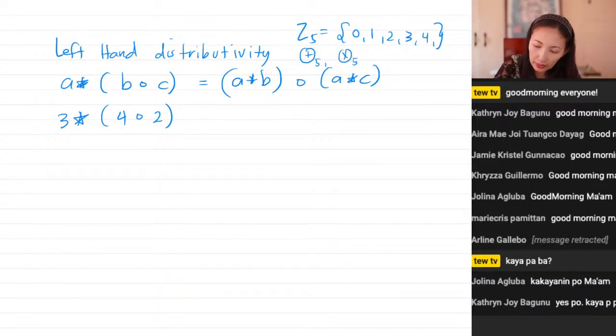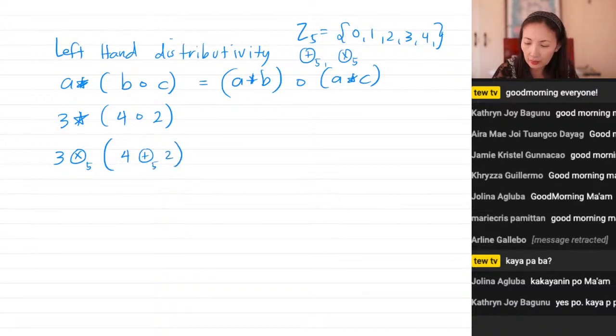So this will be 3 times, modulo 5, of 4 plus 2 modulo 5.